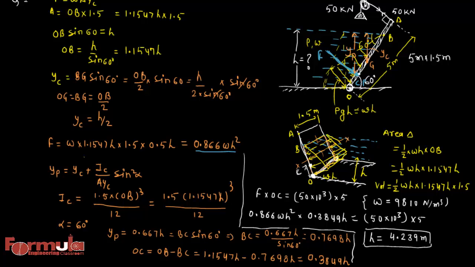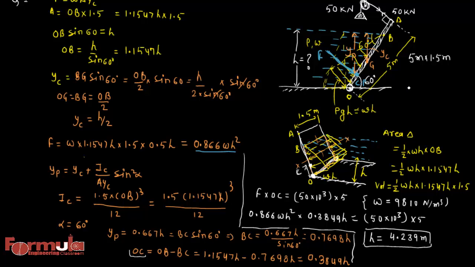Actually the center of pressure is the center of gravity of this triangle, so from here we can directly calculate what OC is. So OC is the center of gravity of this pressure intensity triangle from the base. For this triangle the height is OB here. So what is OC?